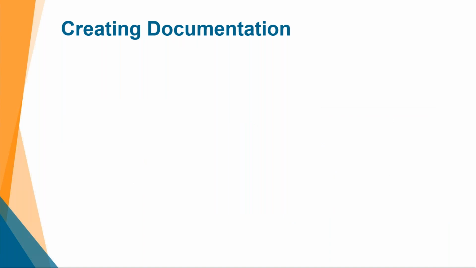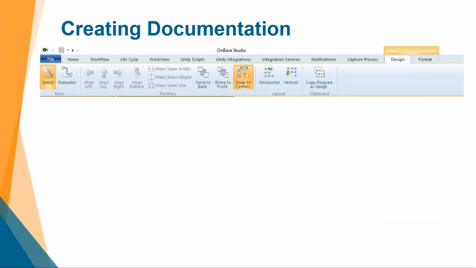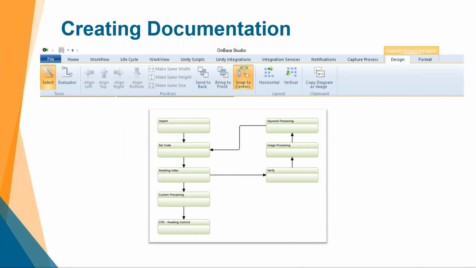To assist in making documentation or planning changes or upgrades, screenshots of the process design can be captured from within Studio. You can open the Design tab on the top menu bar and choose Copy Diagram as Image. This copies the diagram in the view to the clipboard for use in Office or image programs as needed.